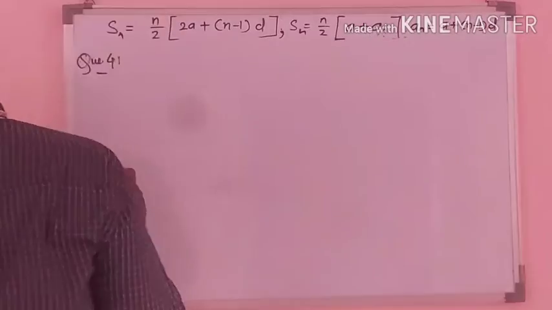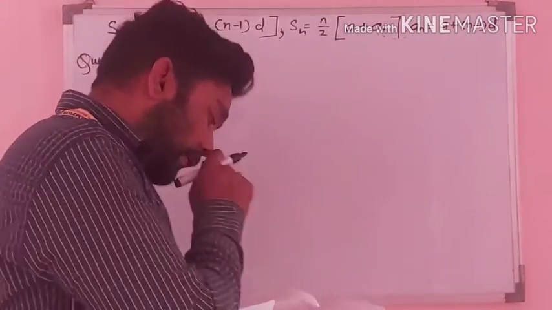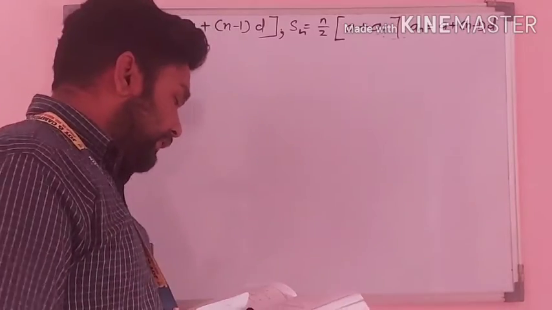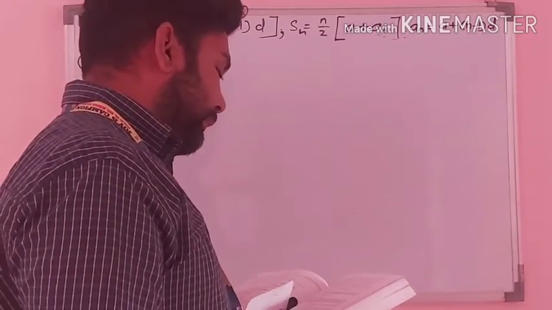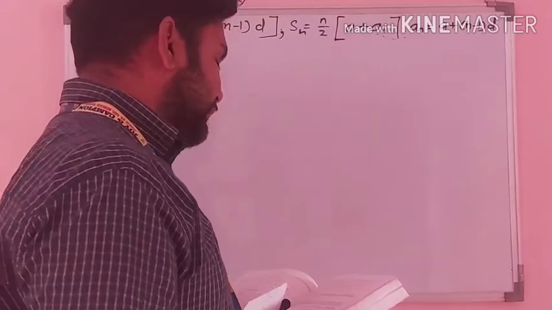Okay dear students, question number 4 is saying, how many terms of the AP 9, 17, 25 and so on must be taken to give a sum of 636.